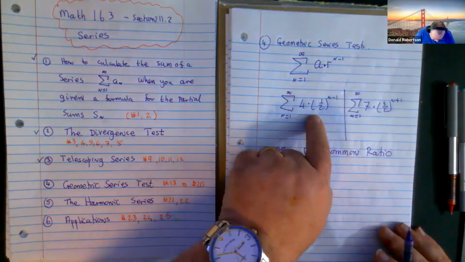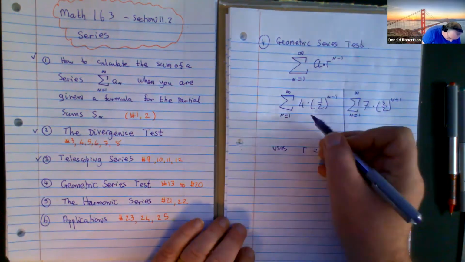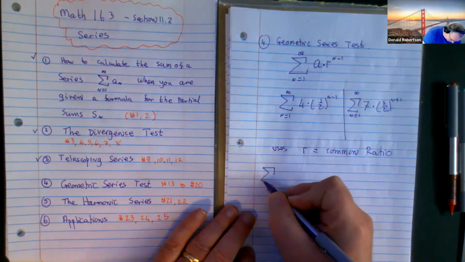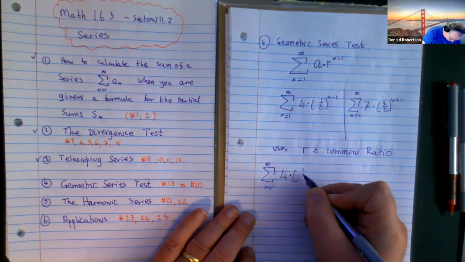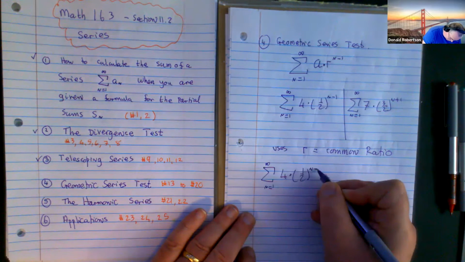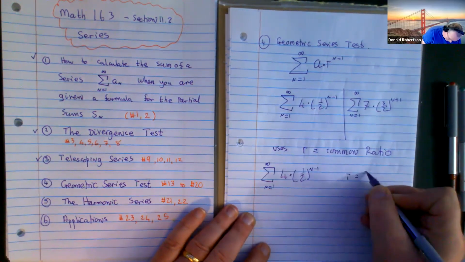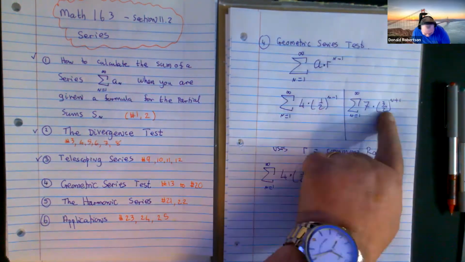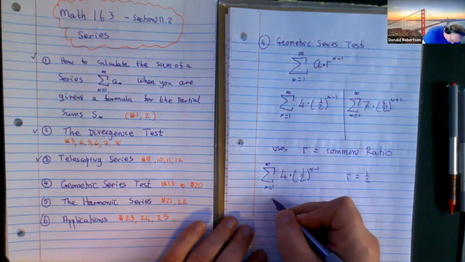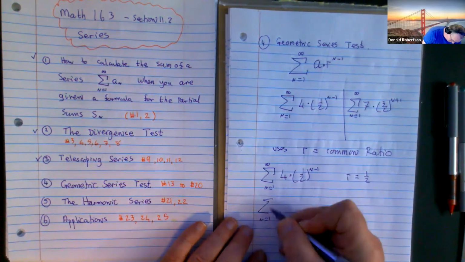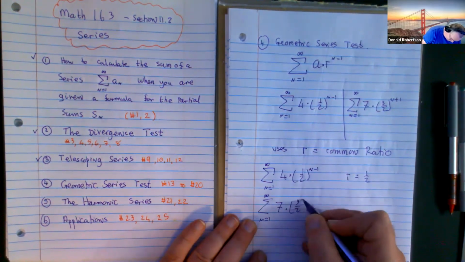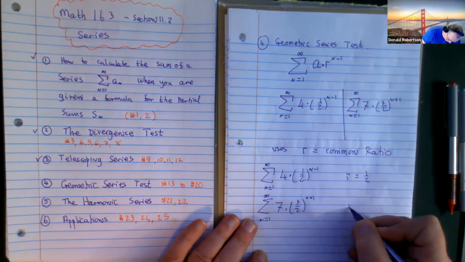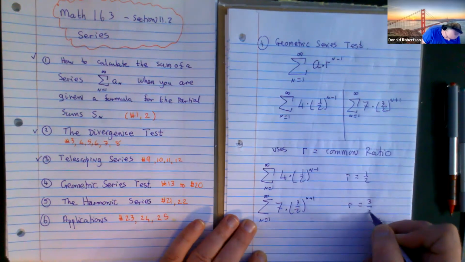So when you have a geometric series in front of you, for instance, this one, r would be a half. If you were doing this one, wouldn't r be 3 halves?